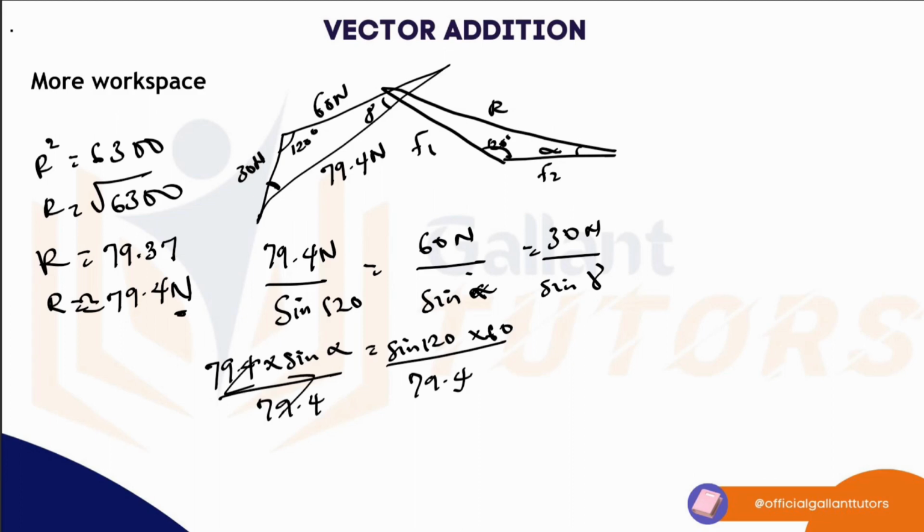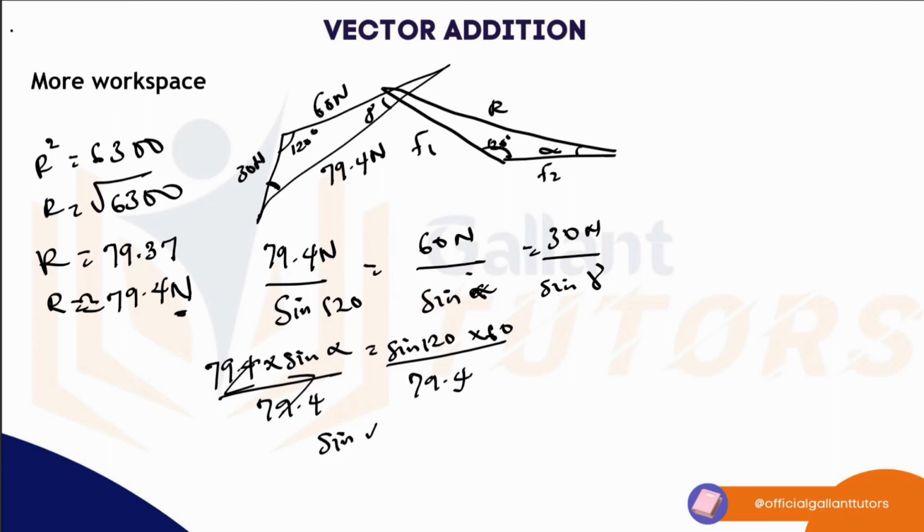So sine 120, as I've said before, is what? Negative 0.5. Sorry, mistake, it's actually what? Root 3 over 2. Is that clear? Sine 120 is actually root 3 over 2.